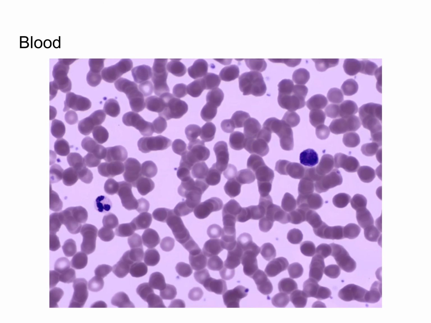And then the last connective tissue that we're going to talk about is the blood. And the blood has 3 different solid components in it. It has red blood cells, it has white blood cells, and it has platelets. The red blood cells are the most numerous.